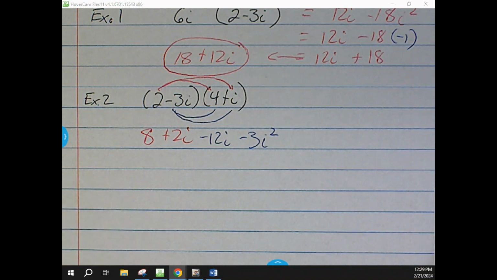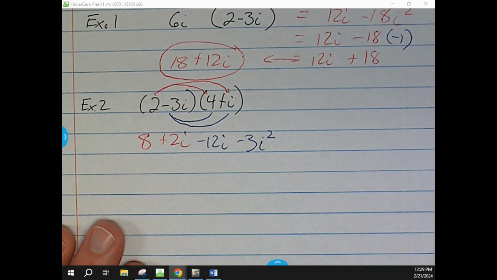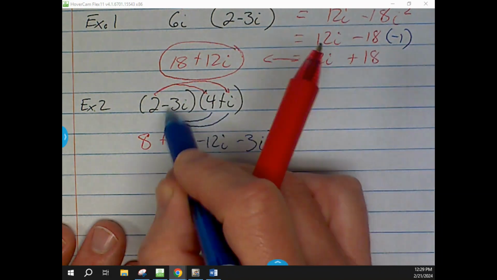Yeah, some people call it FOIL method. Some people call it double distributed property. As long as you know what you're doing, it's really just double distributed property. Some problems they may make you do a triple distributed property where you got 3 terms. But basically, you're just taking everything and multiplying it by all the different numbers. So it's 2 times 4 and 2 times the i, negative 3 times the 4, and then negative 3 times the i.